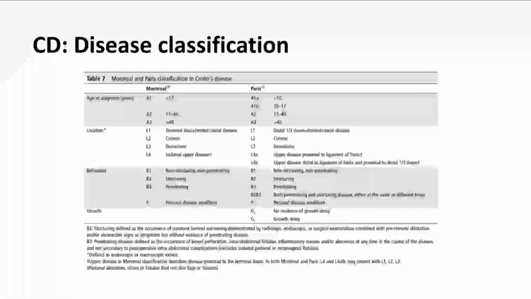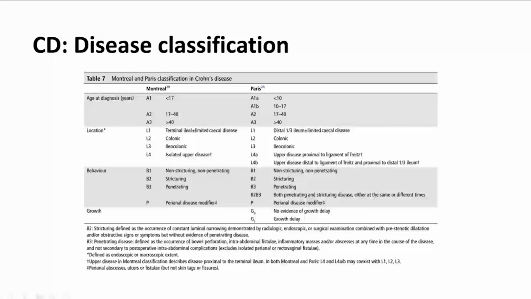This is the classification for Crohn's disease. Again, I want you to take a look here in this area where you see behavior. Crohn's disease can be non-stricturing, non-penetrating. Basically, you have inflammation, but you do not tend to cause strictures as a result of the healing of the inflammation.